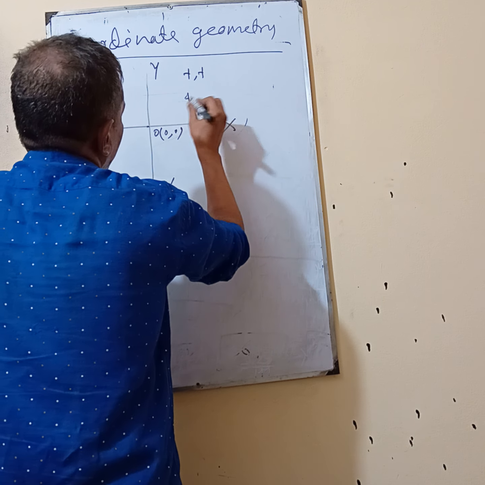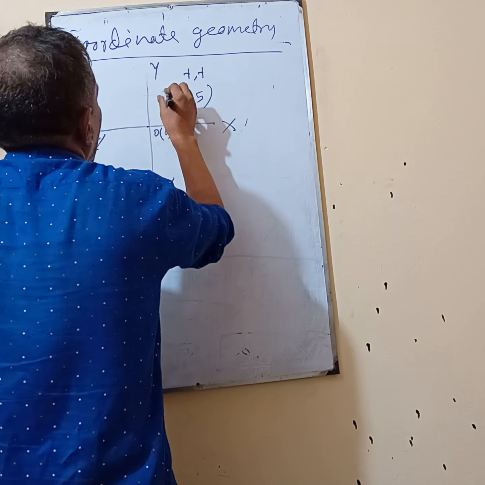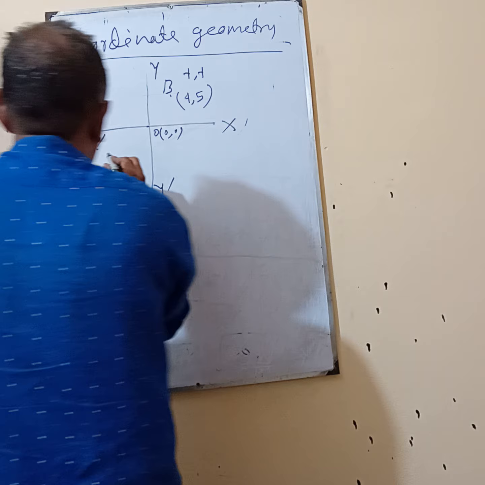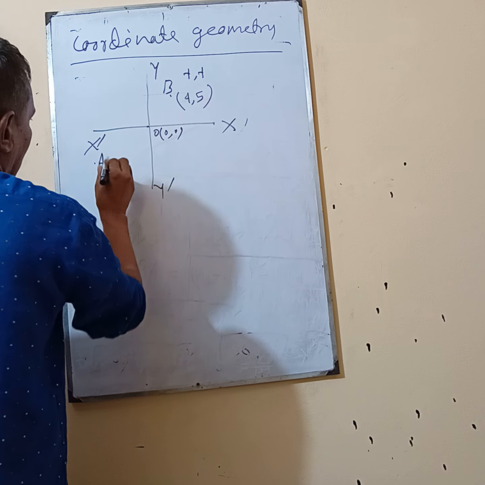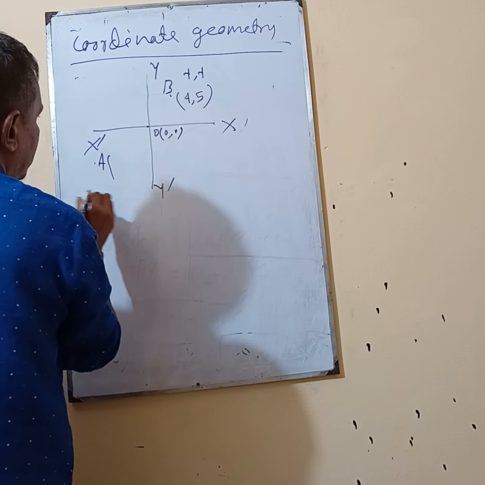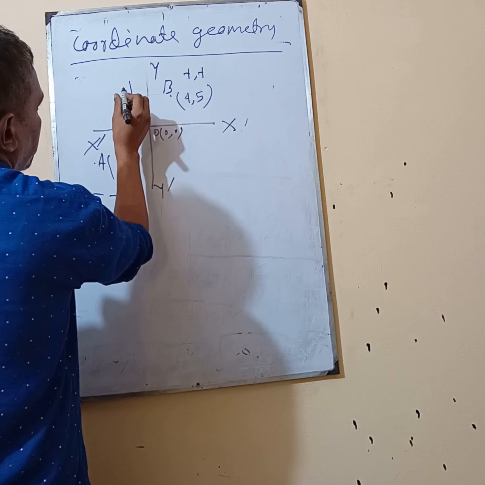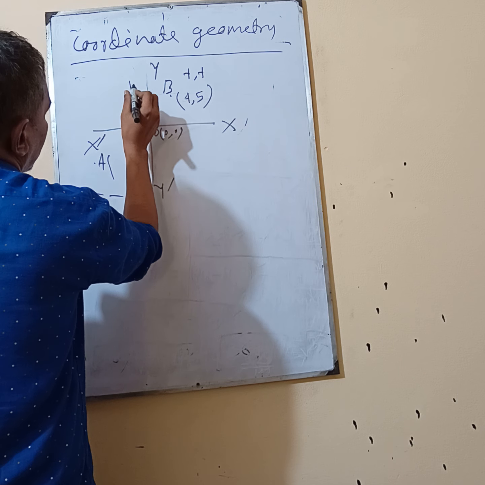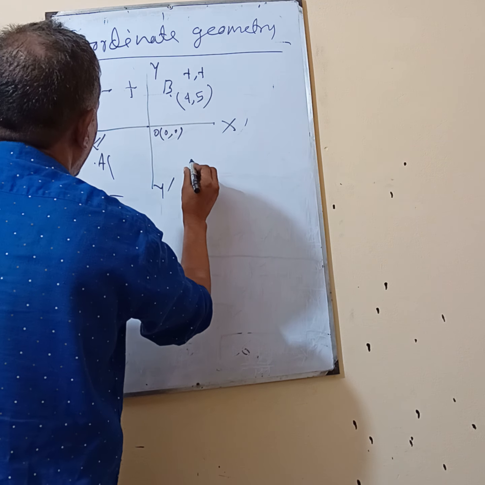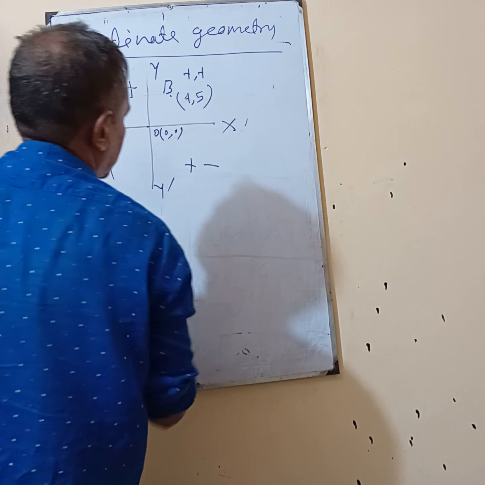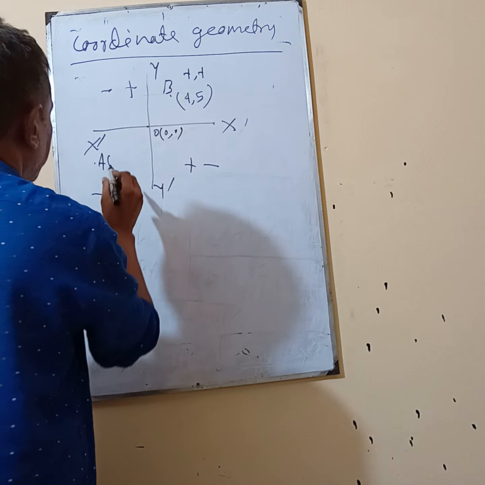Suppose point 4, 5 is B, and this quadrant is minus.